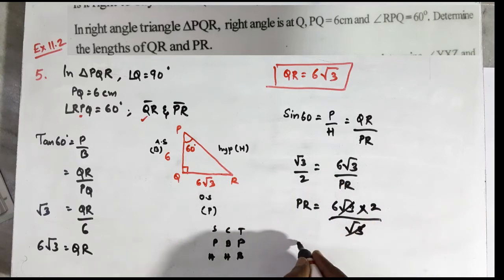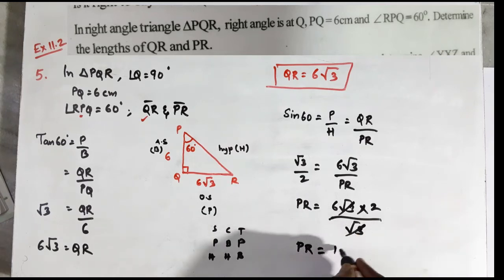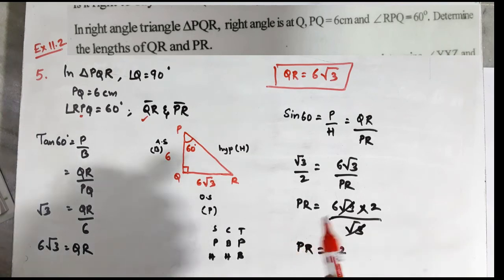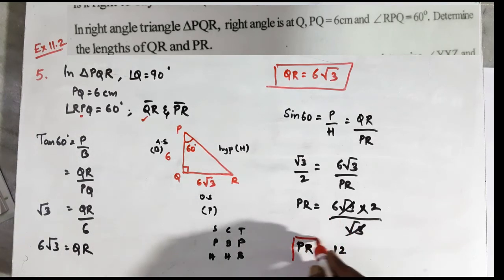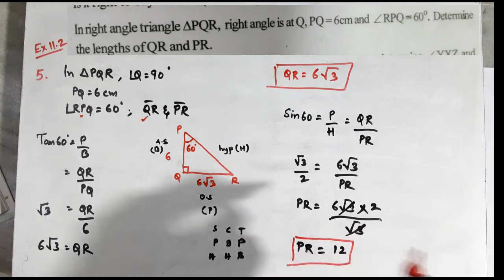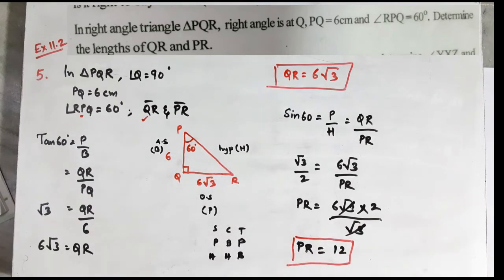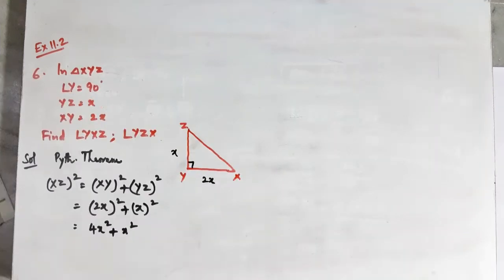Root 3 and root 3 cancel, so PR is equal to 6 twos are 12. Like this we can find all the sides of a right angle triangle. I think you have understood this problem. Just pause the video and write down this problem. Now let us move to the next problem.